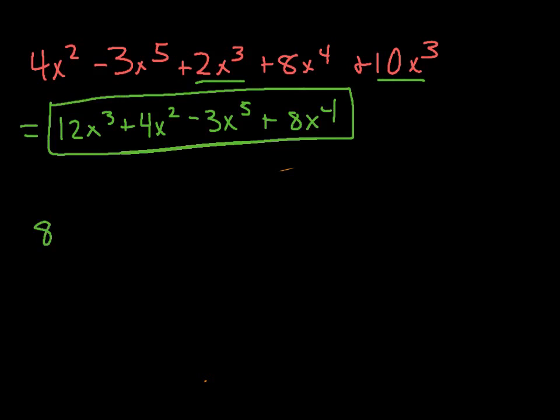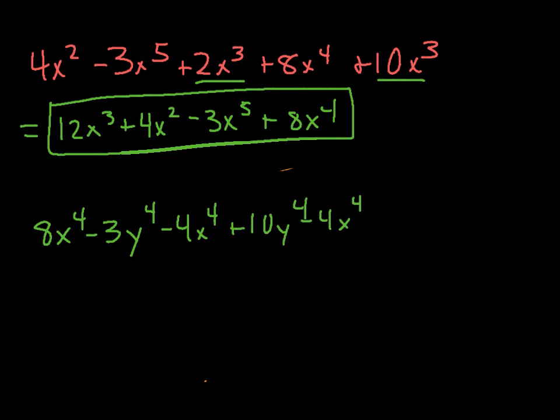So if I have 8x to the 4th minus 3y to the 4th minus 4x to the 4th plus 10y to the 4th minus 4x to the 4th. Okay, so here I have lots of like terms. So I have 8x to the 4th, that goes with negative 4x to the 4th and negative 4x to the 4th.